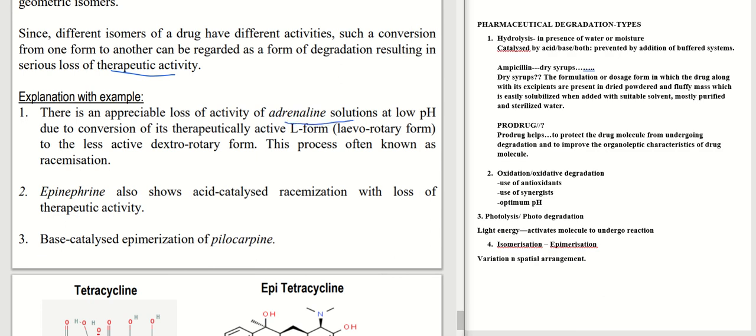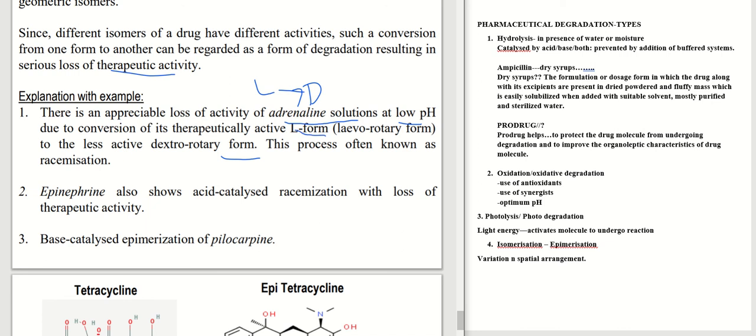See, here we have taken adrenaline, our drug. Now at low pH, L-adrenaline will be converted to the dextrorotatory form.